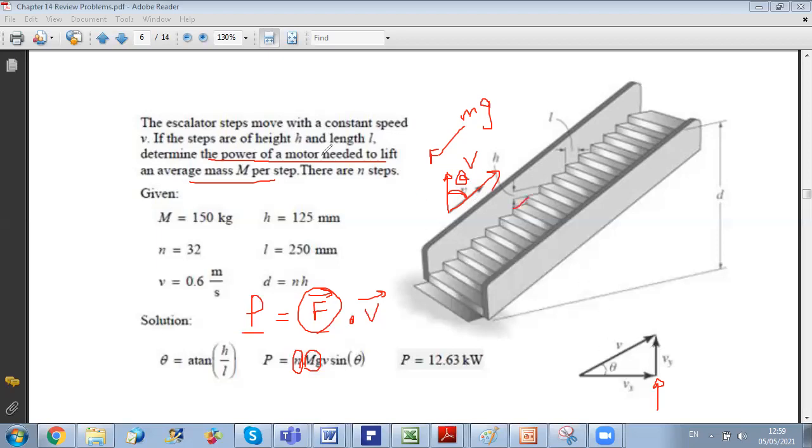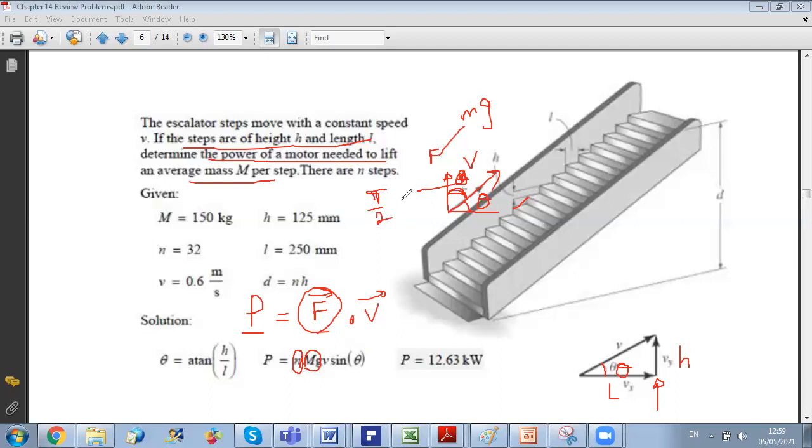This is why they gave you the dimensions of your step: for each step, you have a height h and a length L. The velocity will be along this line, and therefore the angle theta to calculate. Theta is not this one, it's here, because we are working on theta with the horizontal. So when you do the dot product, you do cosine of this angle, which is pi over 2 minus theta.